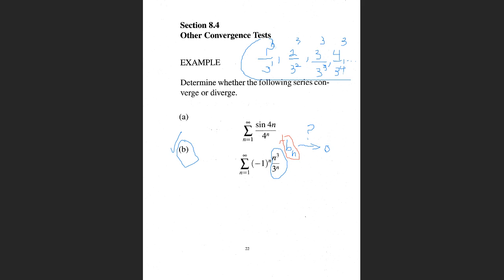Do you think it's easy to show that this sequence of terms approaches 0, as n goes to infinity?